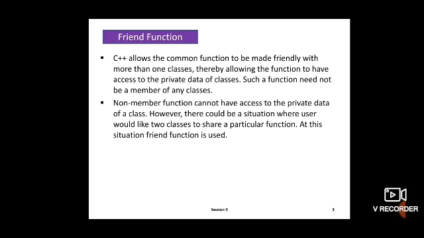But in this situation a friend function is used. Suppose you want to share something between two classes, then you can use a friend function. A friend function can be used like a normal function.